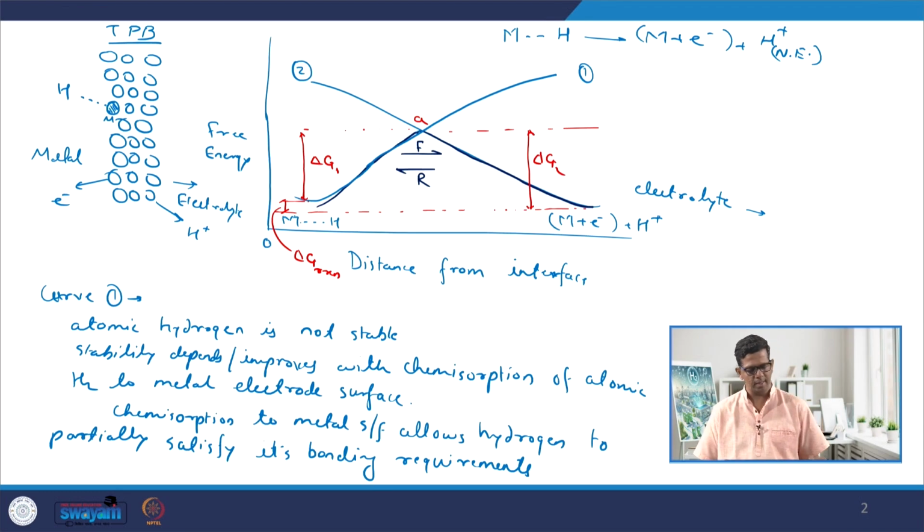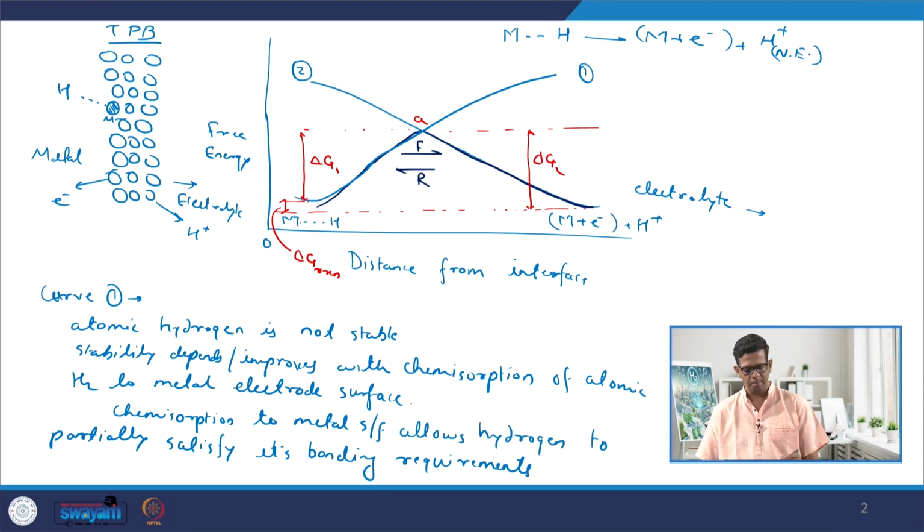If I take the example of the forward reaction, wherein M·H gets converted to M plus e minus plus H plus, this chemisorbed hydrogen species has to go through this activated state. In other words, it has to overcome this reaction barrier delta G1 if it wants to get converted into M plus e minus plus H plus. Same is the case with the reverse reaction.